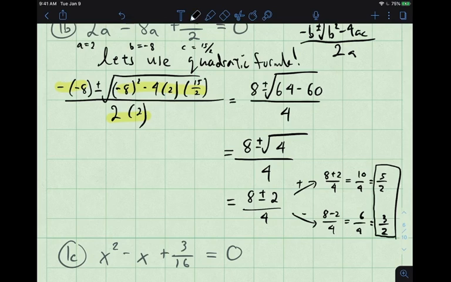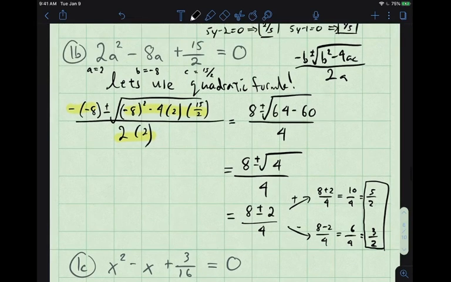Let's say you didn't want to use the quadratic formula, alternate method. You can multiply the entire equation by 2. Then factor.